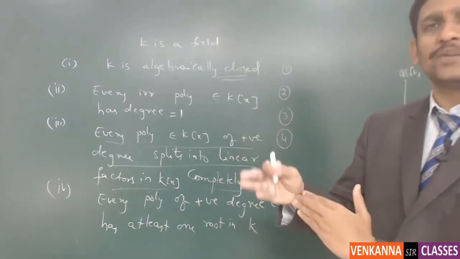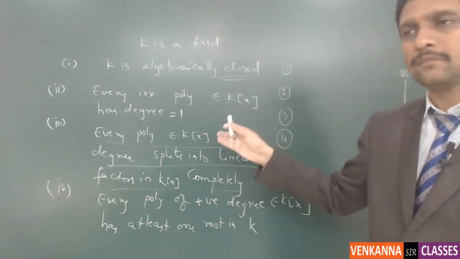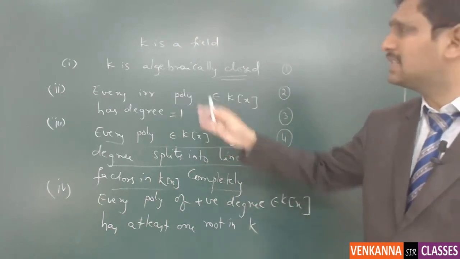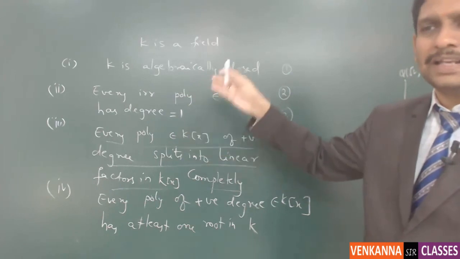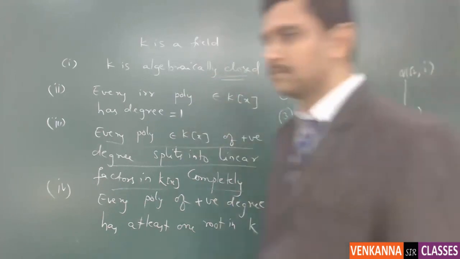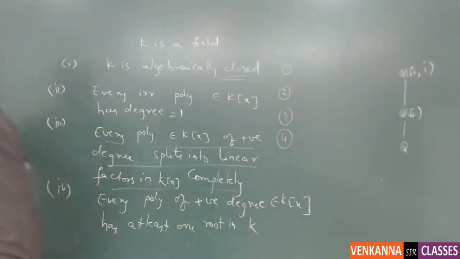All the factors will be within the field, right? So what happens? It is algebraically closed. So it is the splitting field and it itself is the normal extension. Okay? Because extending further is not possible. Are you clear now? Right.